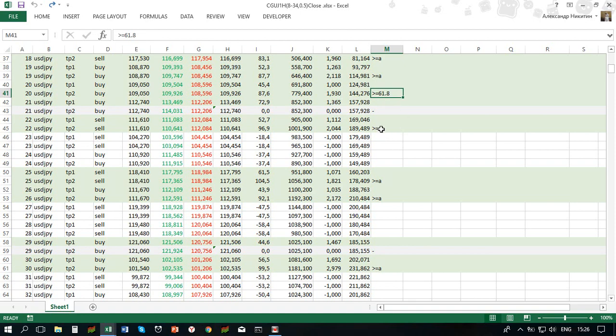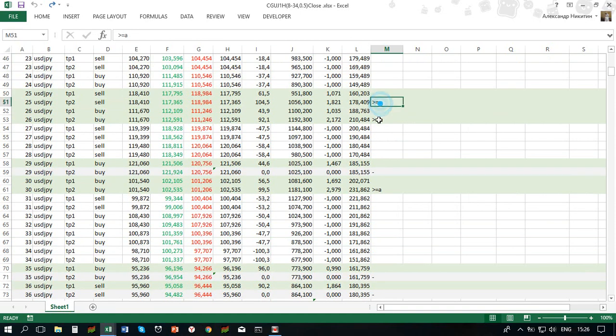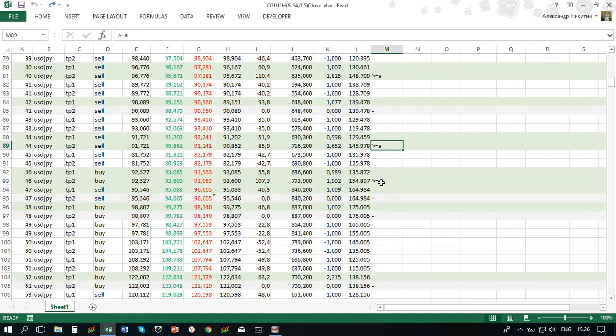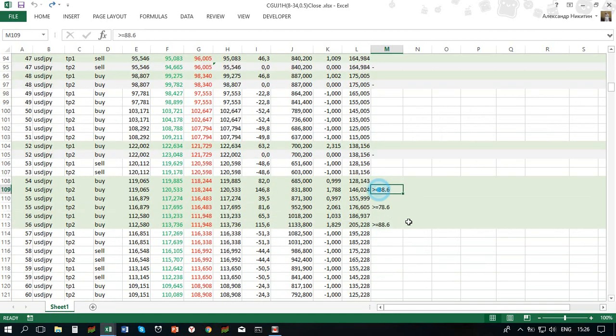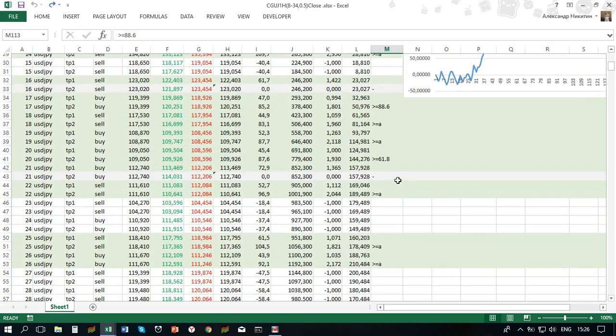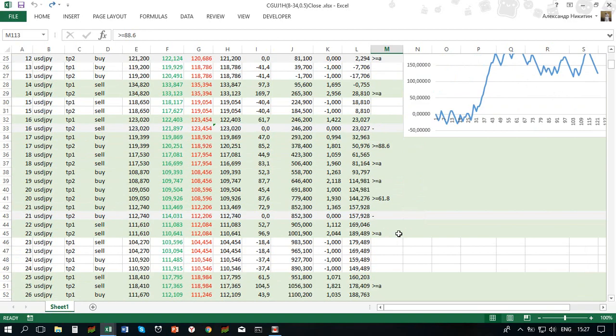Very seldom it is 618. In the majority of cases, price goes higher and gives us larger targets. You see that? So only one trade is actually 618 here.